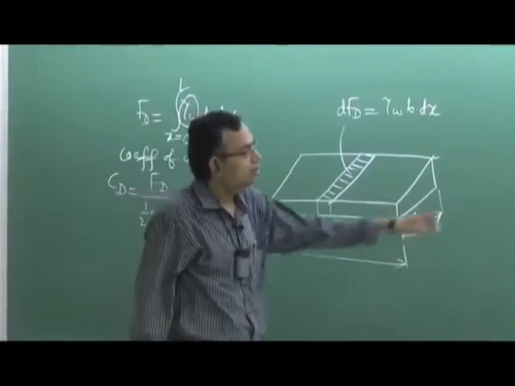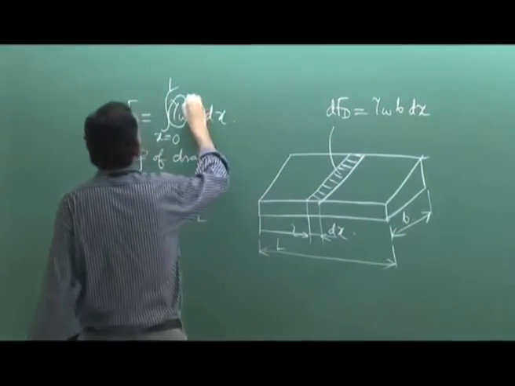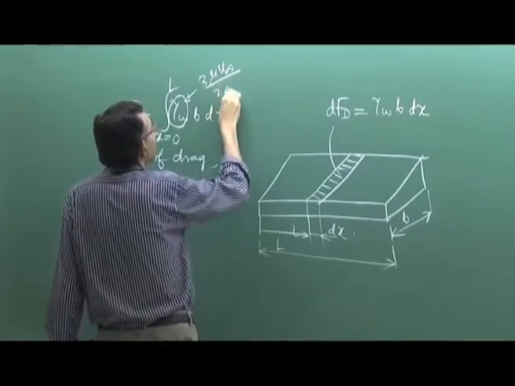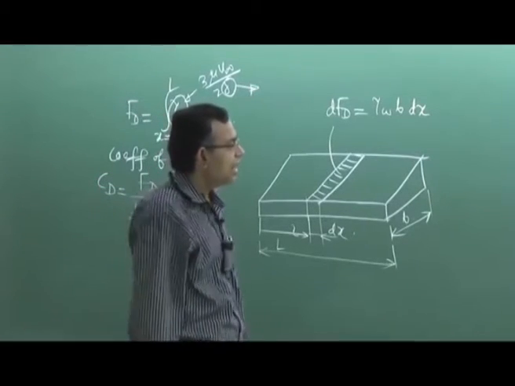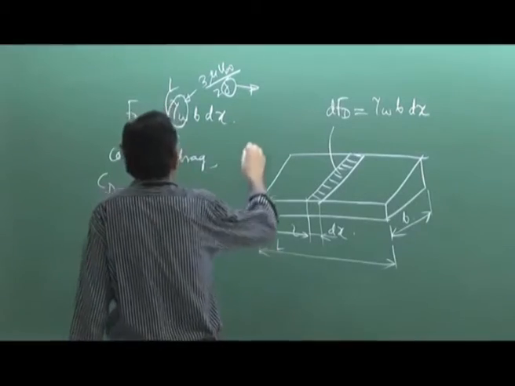Tau wall is 3 mu u infinity by 2 delta, and this delta is a function of x. Delta is square root of 3 nu x by a u infinity.